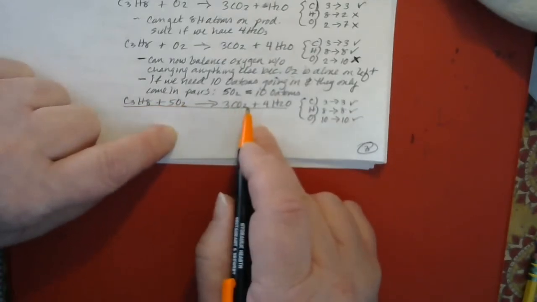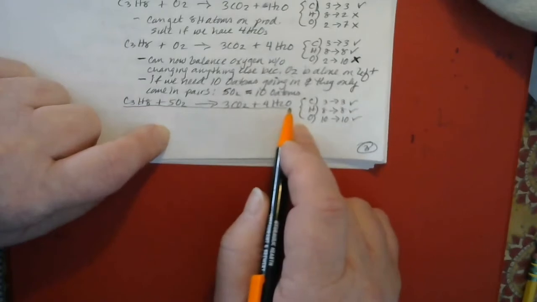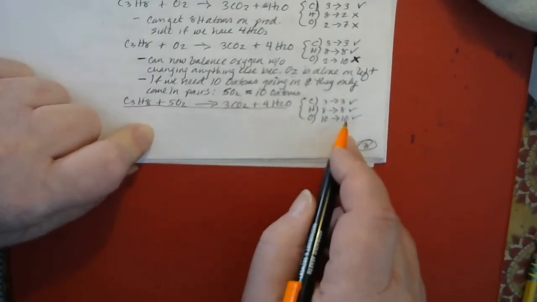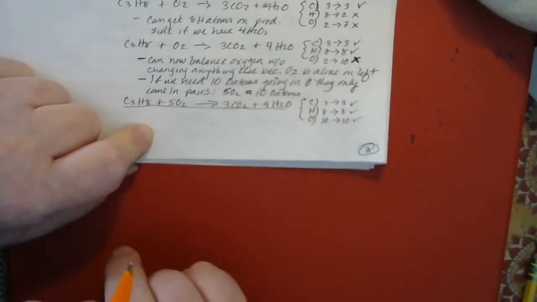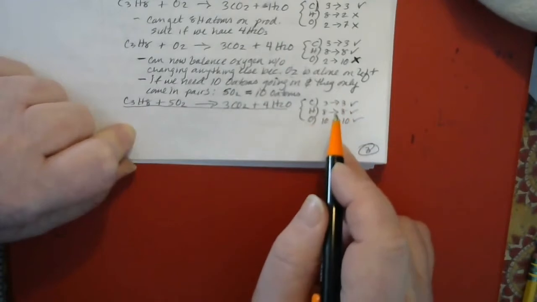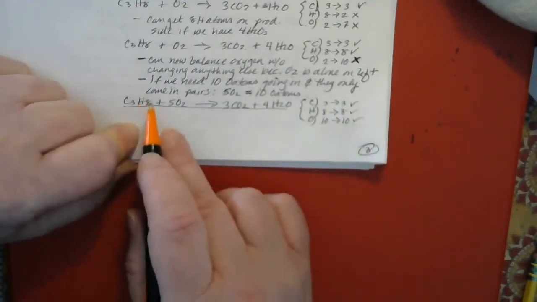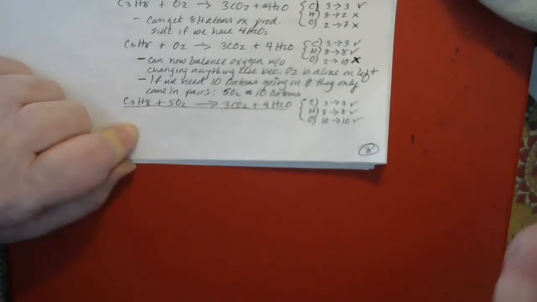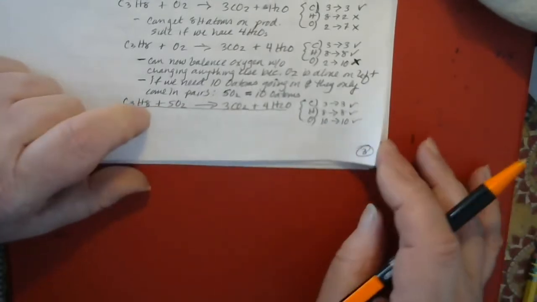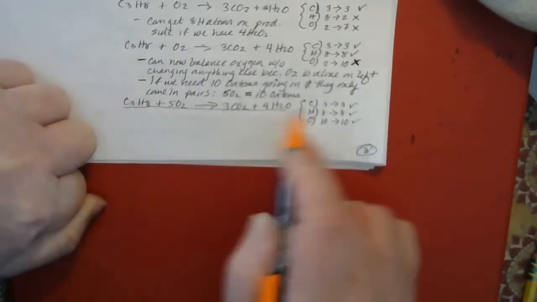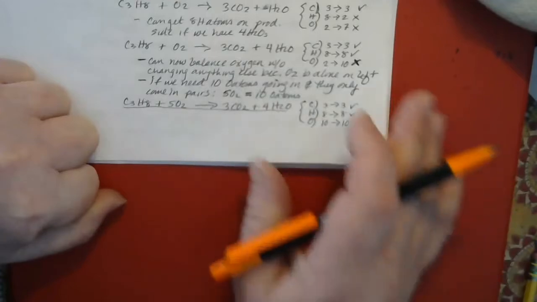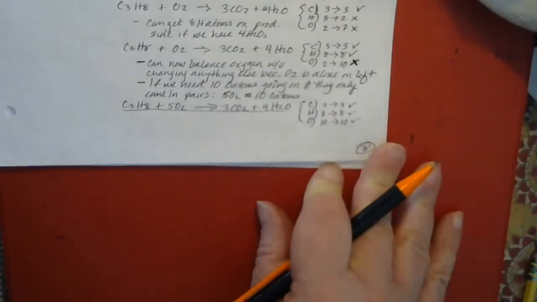Coming out, we have 3 times 2, or 6, plus 4, which is 10 oxygen atoms coming out. So the oxygen's balanced too. If all of the elements in the reaction balance from the reactant side to the product side, then the equation itself is balanced. So that is the equation that we saw before, and we definitely saw that it was balanced.